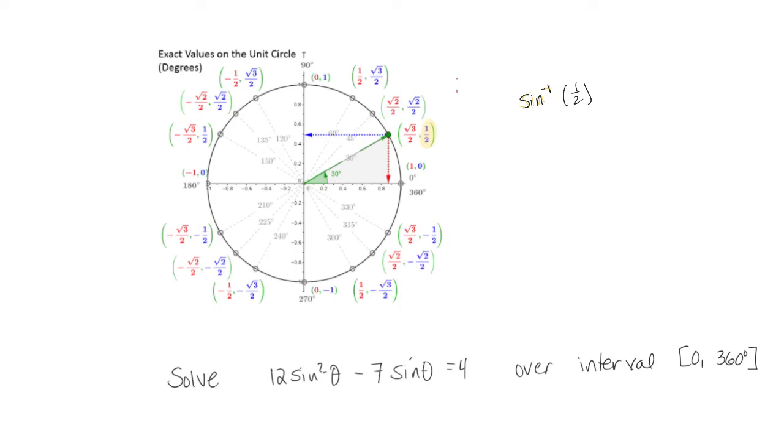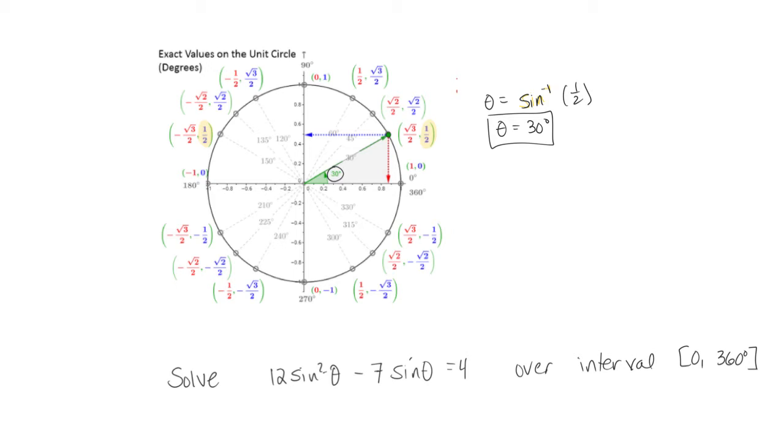So what comes out of that is going to be our angle. In this case, you can see that 30 degrees is the angle that produces that sine value. So our angle is equal to 30. That looks great, but notice over here we also have a sine value, a y value, which is the sine of 1/2.